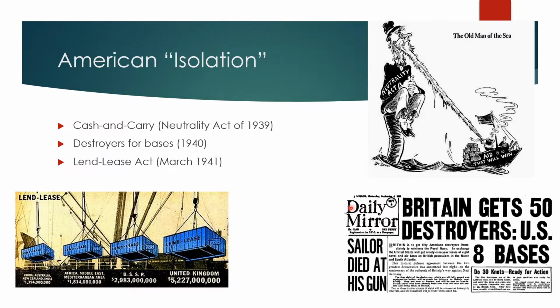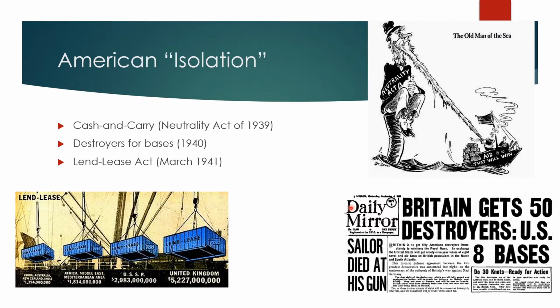Early in 1941, the U.S. passes the Lend-Lease Act, where we'll give goods to the Allies, and they will pay us back eventually. So the U.S. gives goods to Britain, the Soviet Union, and any allied nations to help fight the Axis, and the nations that we give these goods to will pay us back eventually.